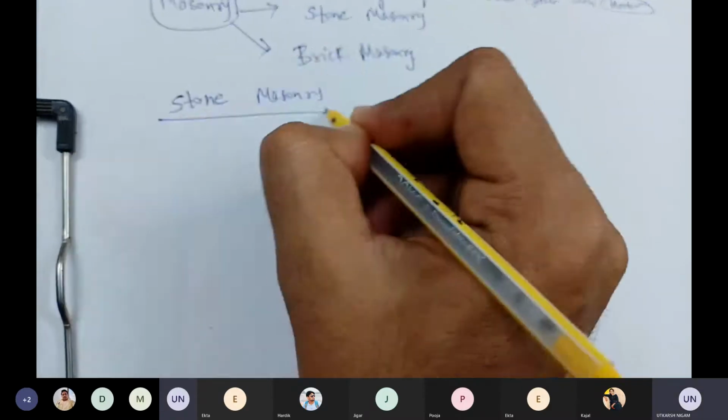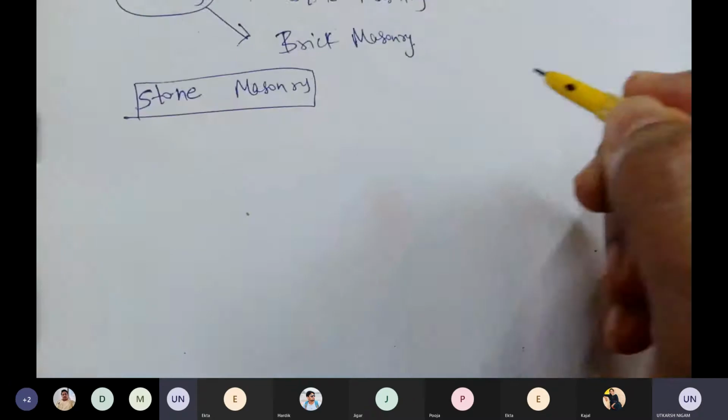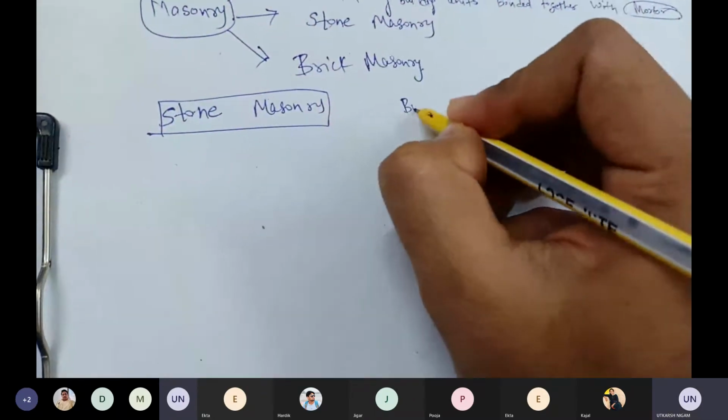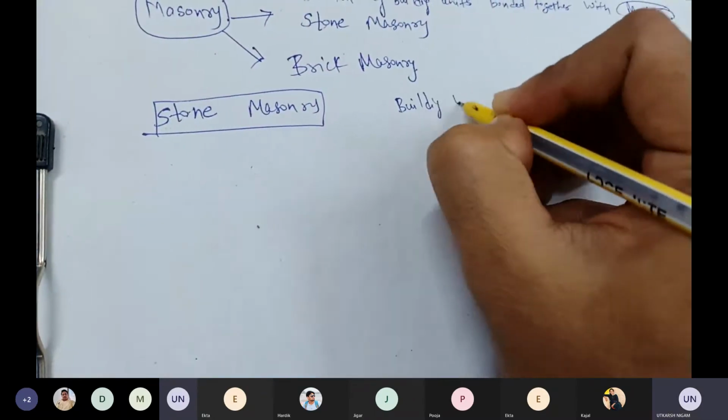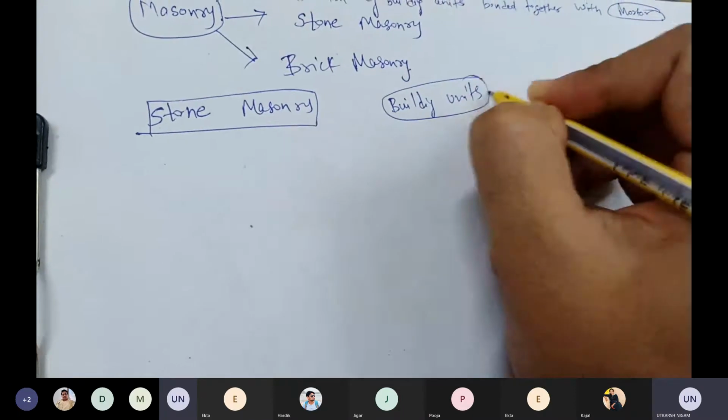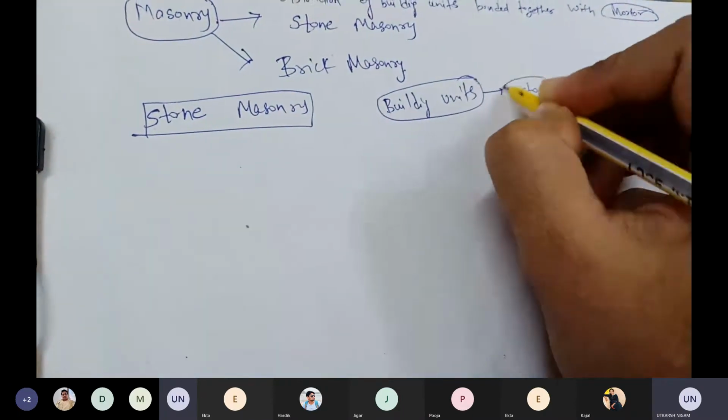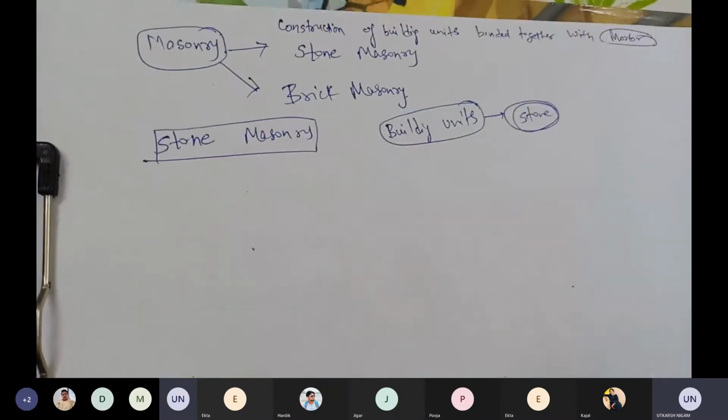What is stone masonry? Masonry is construction using building units. Building units का use करना है. In this, stone is that particular building block. So, stone will be there.